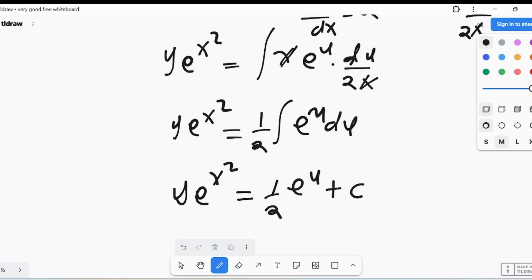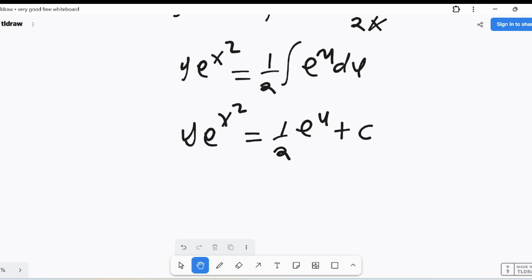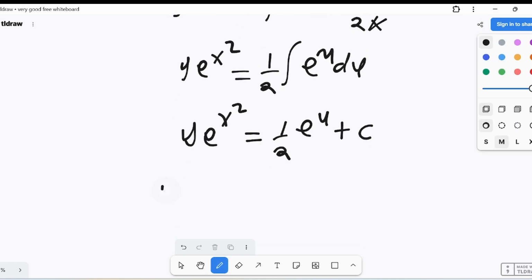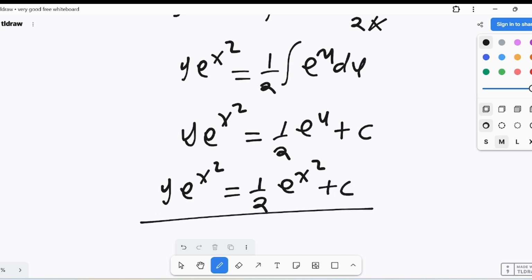And putting back our u, we have y e of x squared is equal to half e of x squared plus c. As simple as this. Now, the moment you understand how to identify p, the rest becomes cheap work. The rest just becomes cheap work.